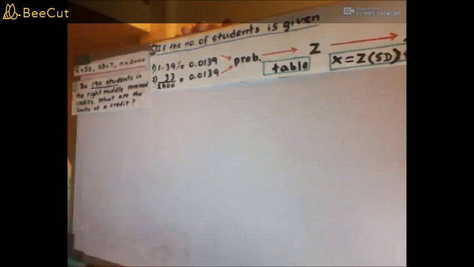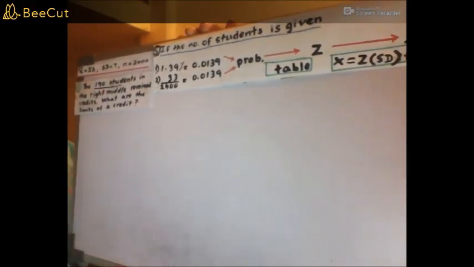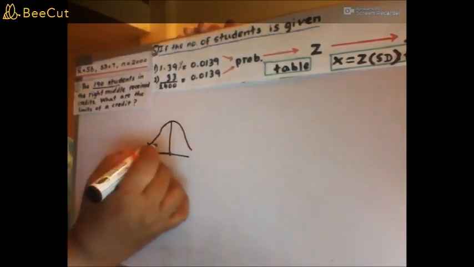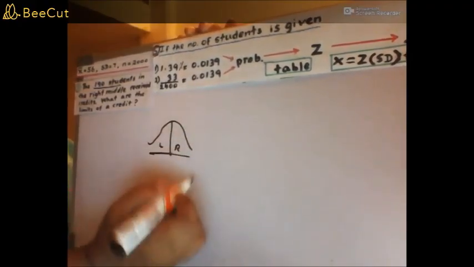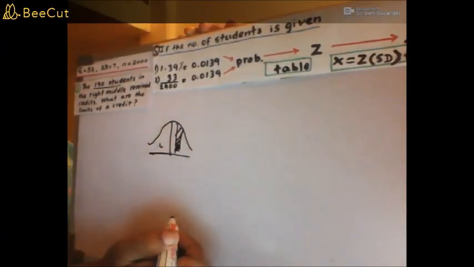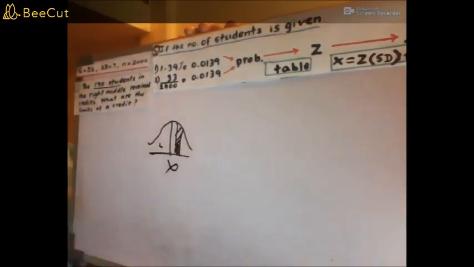The 190 students in the right middle. Now where's that right middle? Now if we draw a curve, this is left, this is right, and right middle is here. Is that the idea? No. Right? That's not that.